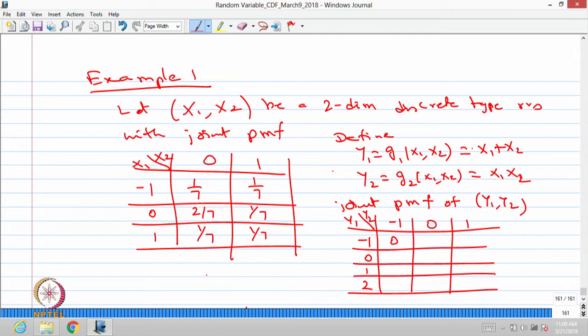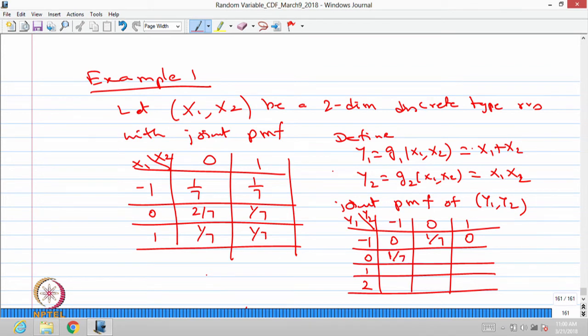Whereas when y1 is minus 1 and y2 is 0, that is possible with probability 1 by 7. Similarly, y1 is minus 1 and y2 is plus 1 is not possible, therefore the probability is 0. Similarly, you can fill up the other elements.